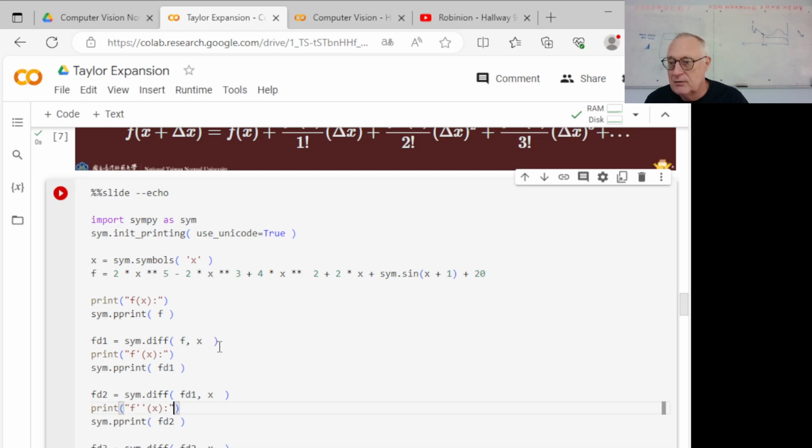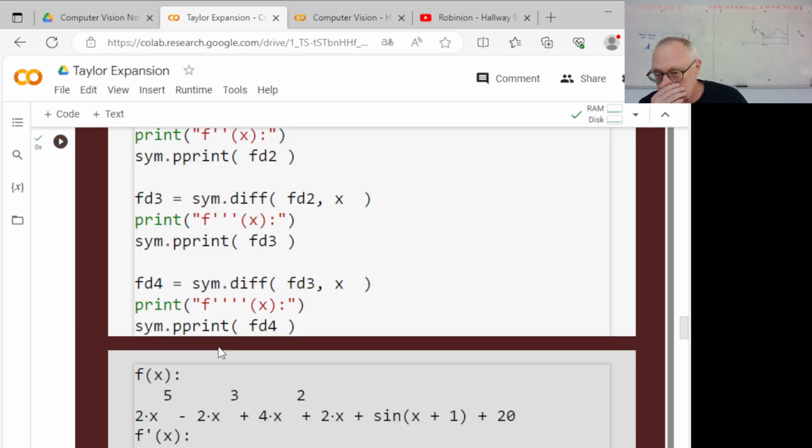Cannot really put that on one line. We can plot it like that.